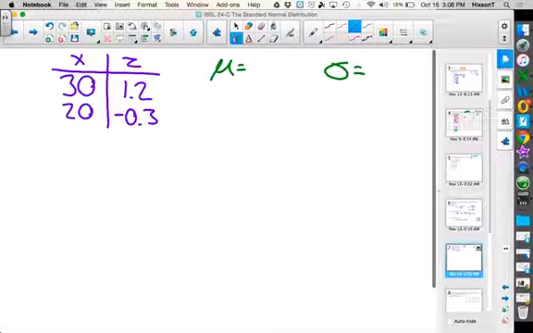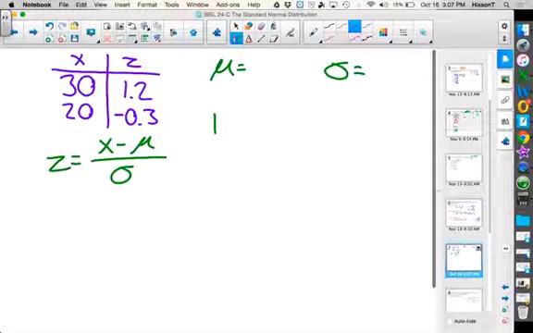equations. Okay? So our formula for z is, I know we've used it a few times, so let's say it again. X minus mu over sigma. Good. X minus mu over sigma. All right? That is in your formula booklet, but that's one that you ought to just know. Okay? You're going to use it enough. Okay?